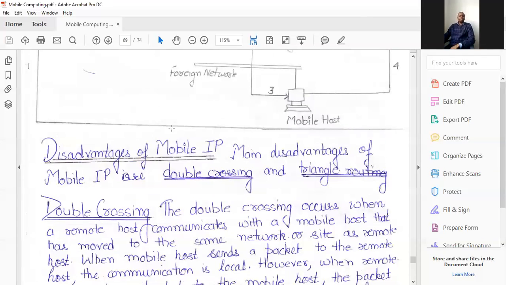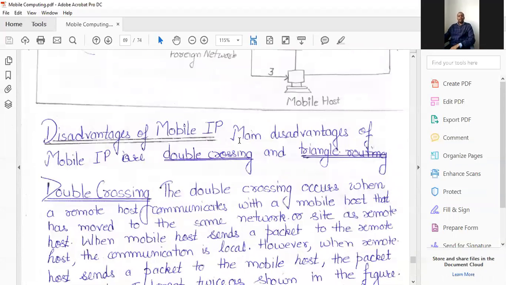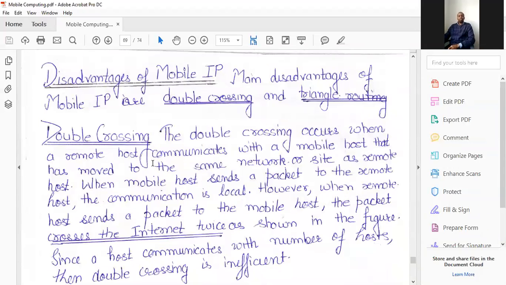But one of the disadvantages of mobile IP, there is also the issue of security. There is a disadvantage of security because we have what we call cyber crime, cyber security, where your information through a network can be tapped.